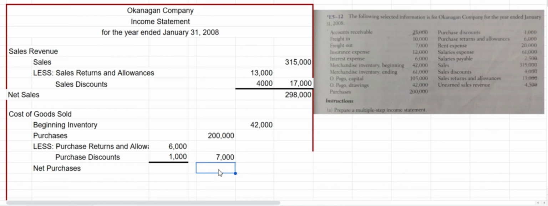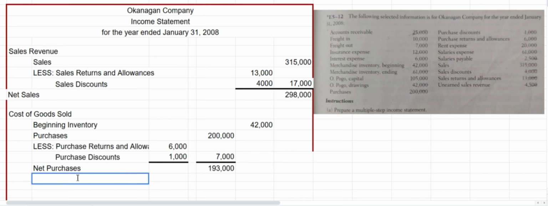And to get net purchases, that's just 200,000 minus 7,000. Which is 193,000. Let me just underline this to show that we're subtracting it. So the underline could be adding or subtracting.